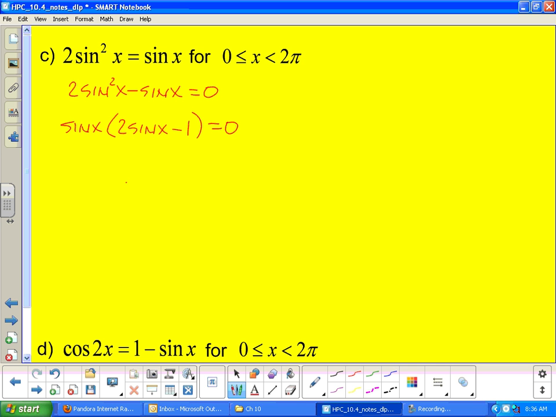So we really don't have to worry about any of our sum difference formulas or our double angles for this one. This is just kind of going back to generic, good old chapter 7 days of solving.